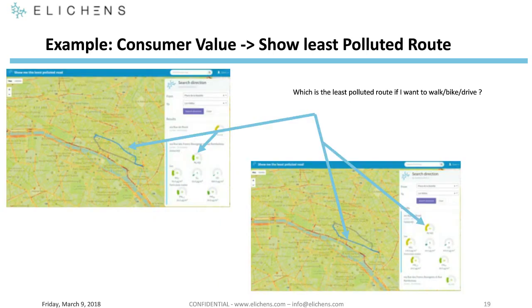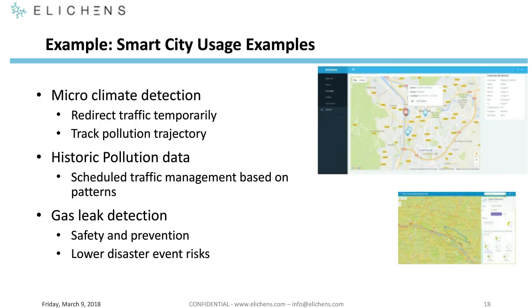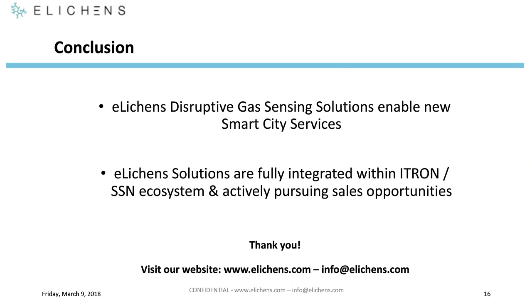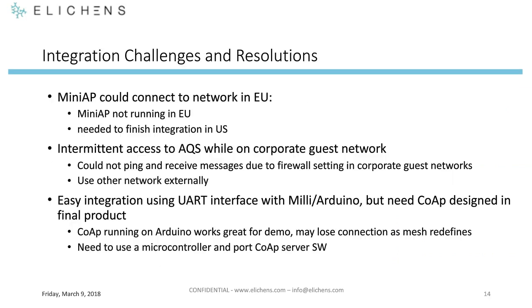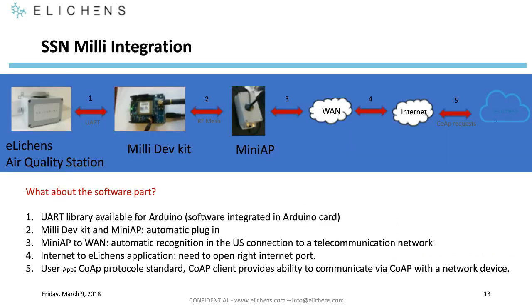They had their own application, and they pull data through the network using the CoAP API to their own cloud application. Is that right, Sam? Yeah, that's correct. They use the network to get the data to their own application, their own cloud.